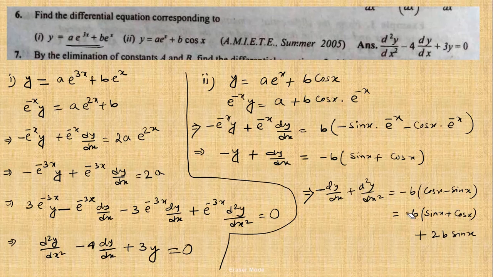If you write this is plus, so this becomes b cos x minus sin x, so 2b cos x.